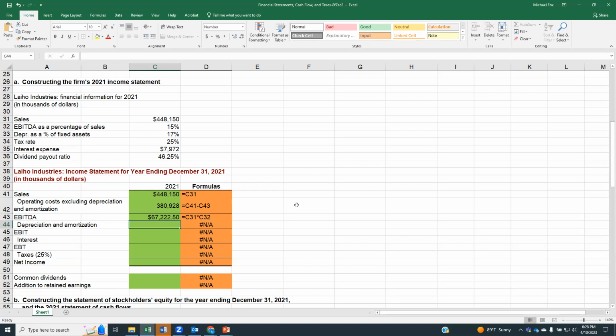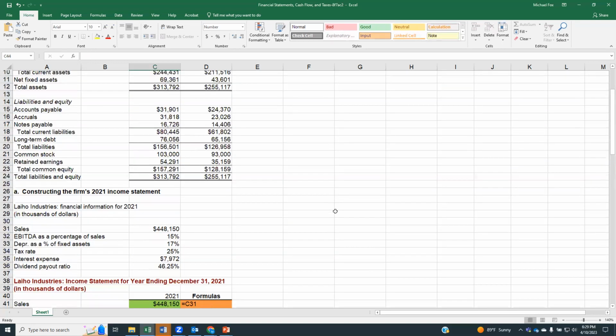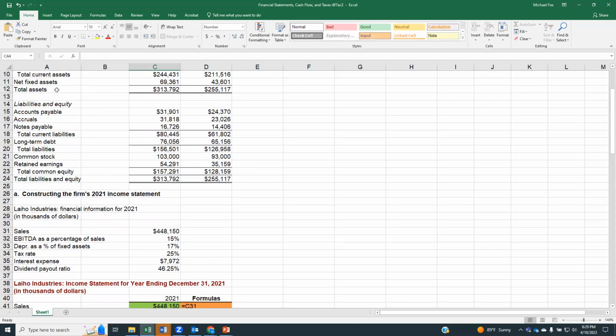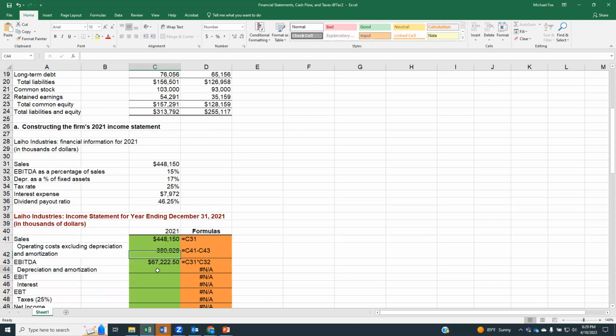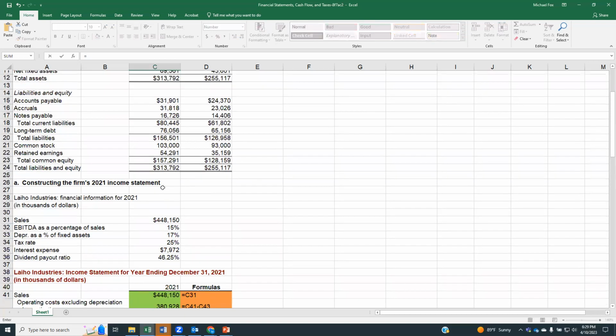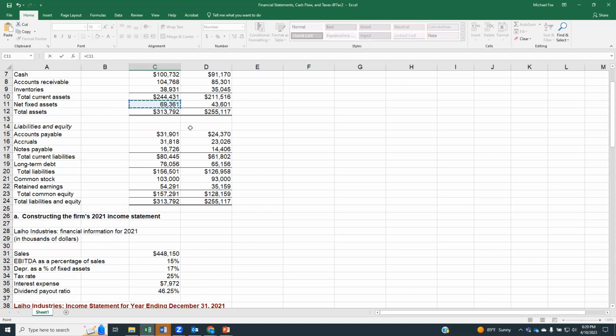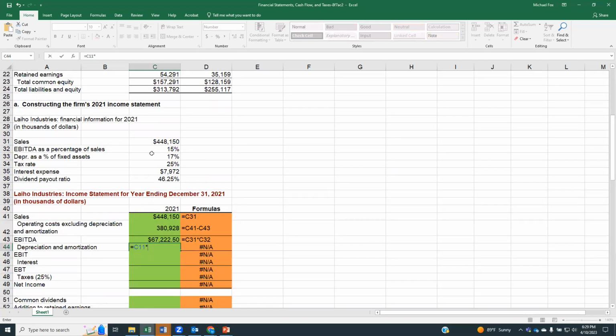Next is our depreciation and amortization. It looks like depreciation is 17% of our fixed assets. So if we come up here to the balance sheet, we can find total fixed assets, or they call it net fixed assets. So I can say depreciation equals the net fixed assets times this rate here.